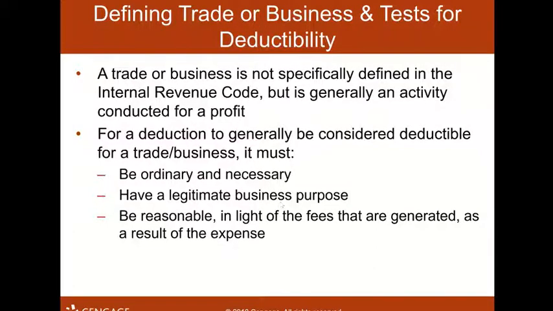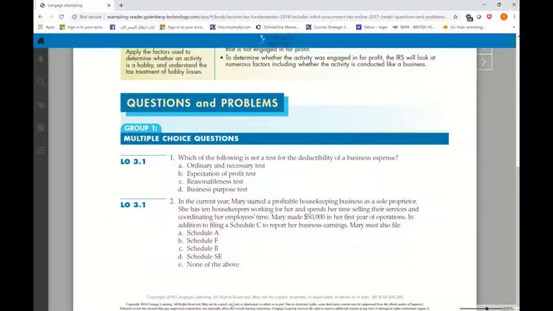Now look at a related question to this topic. Which of the following is not a test for the deductibility of a business expense? A. Ordinary and necessary test, B. expectation of profit test, C. reasonableness test, D. business purpose test.